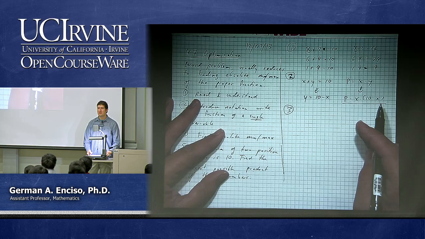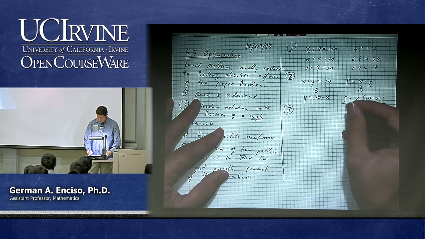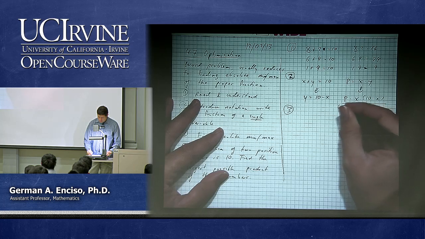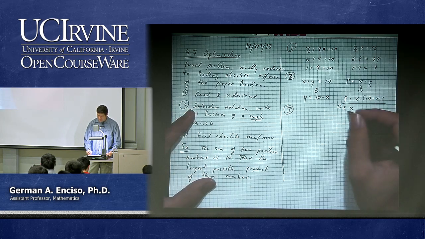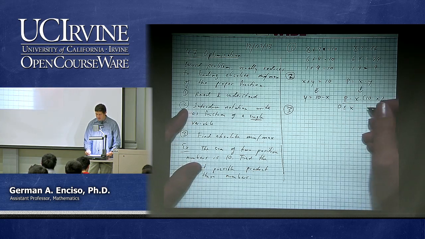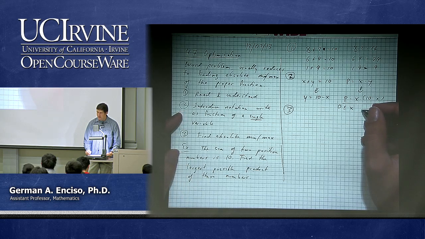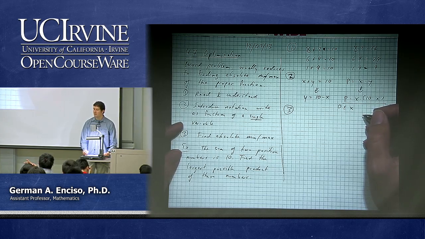What is the smallest that x can be? 0. 0, that's right. Well, actually, we said that x and y are two positive numbers, so really x has to be strictly larger than 0. But let's say greater than or equal to 0. And what is the largest possible value that x can have? 10. Because when x is 10, y is 0. If x is anything bigger than 10, y would be negative, right?